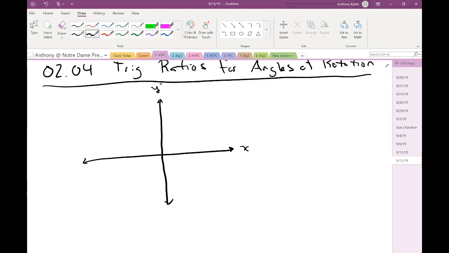We can define kind of any angle we'd like. So let's say here's our initial side. Here's our terminal side. And I'm going to call this point P and say that it's some point on this angle.